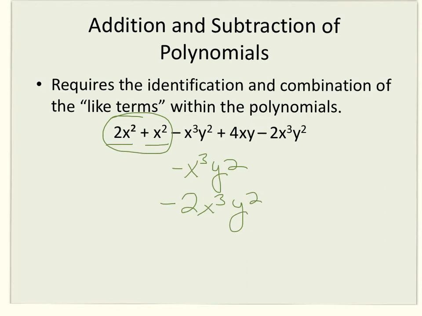Those are like terms. The 4xy is not a like term with these two terms, even though they have an x and a y variable, because the xy and the 4 coefficient do not have the same exponents. That is not a like term with any other term in that polynomial.